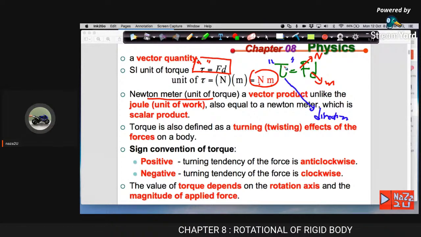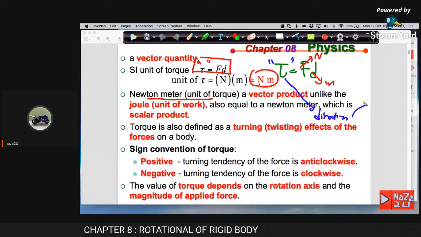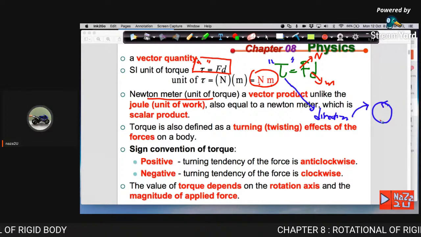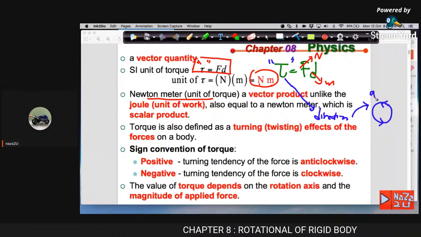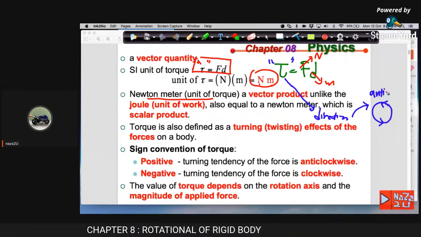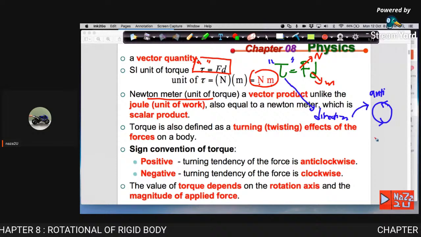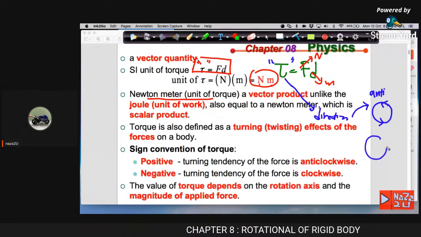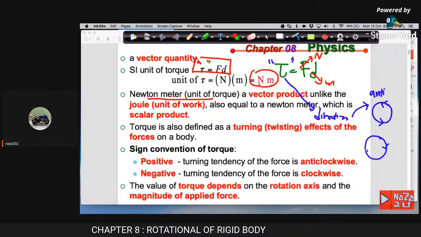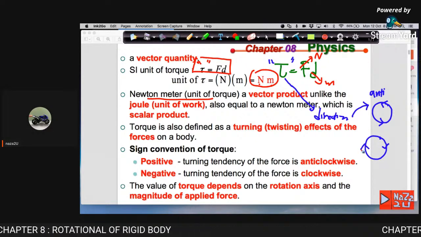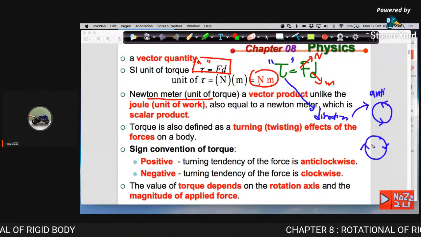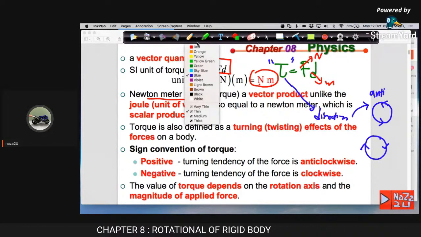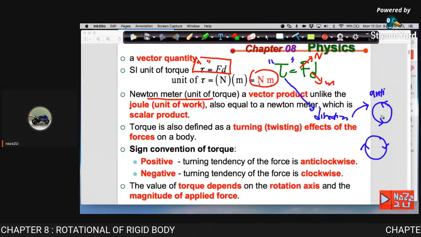If you talk about the direction of the torque, we usually refer to anti-clockwise and clockwise. This is like a declaration.